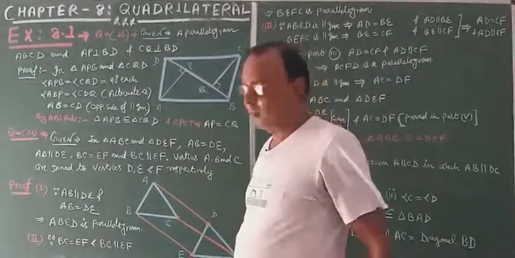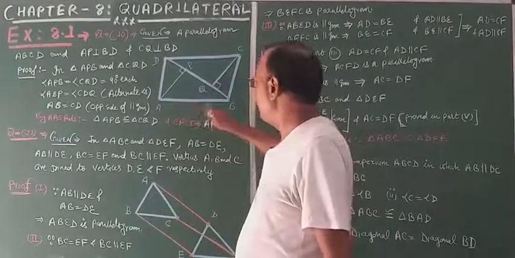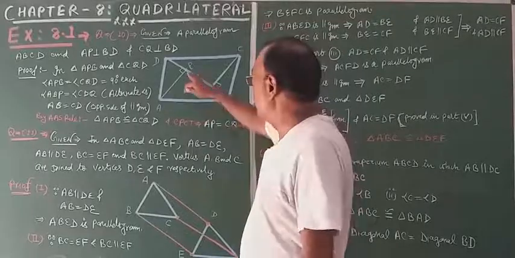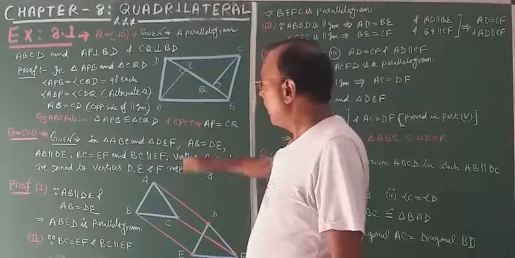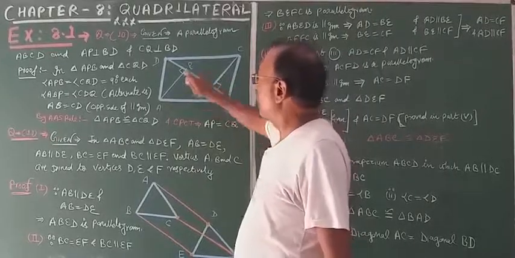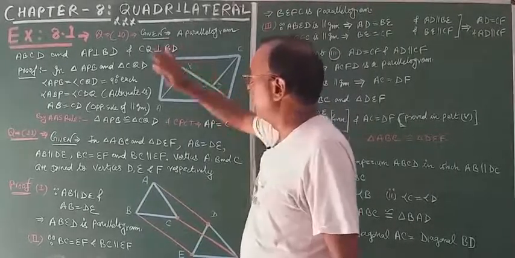What you are given: a parallelogram ABCD in which there is a diagonal BD, and AP and CQ are perpendicular to diagonal BD.